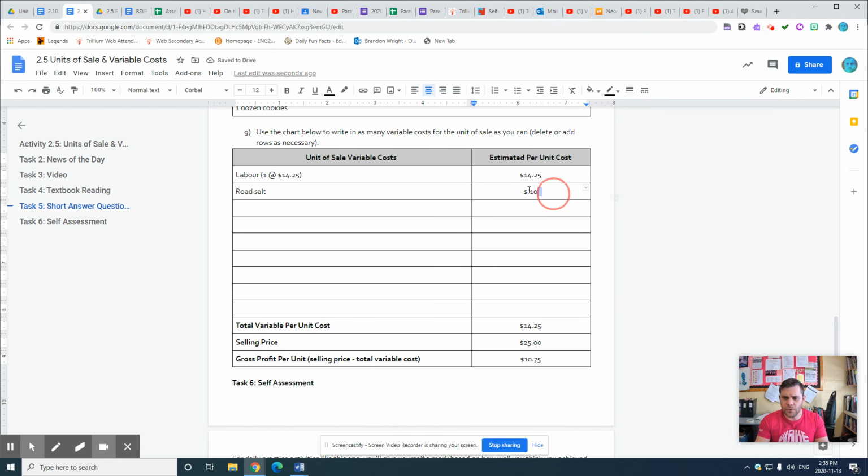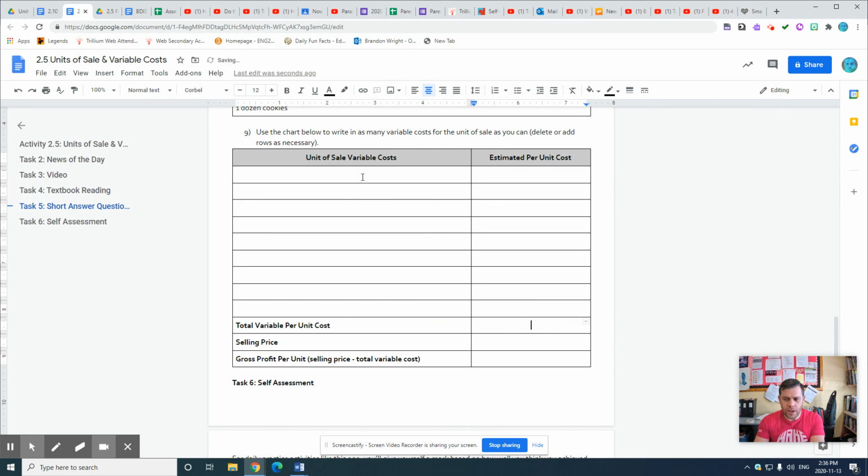Or say if you're tutoring, you are not going to have any other variable costs. It'll simply be your labor, and then you just figure out your selling price. So it's hard to tell you what to write because everyone will have different business ideas.